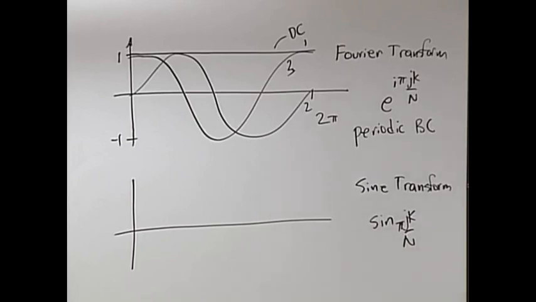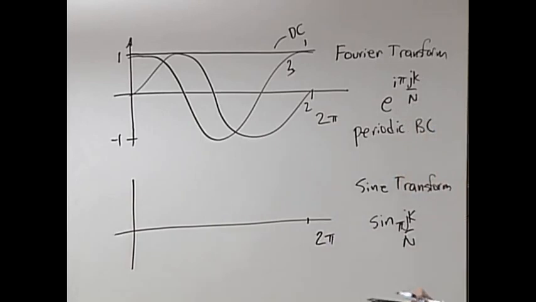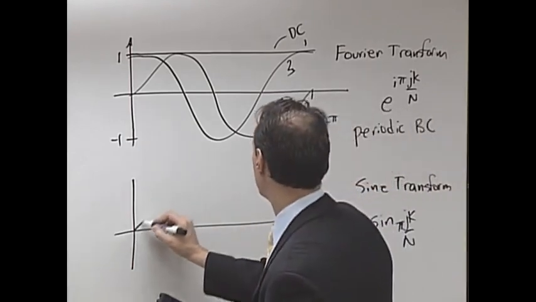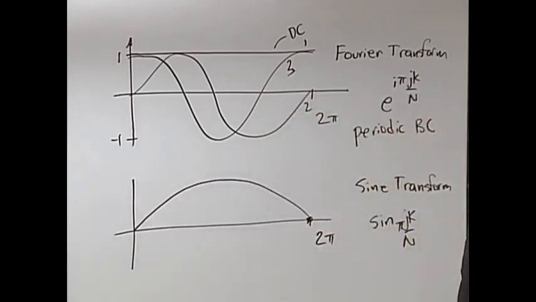And when you work with that kernel, you're going to work on a 2 pi periodic domain. And now your functions are going to look a little different. If you're using a sine transform, you never get a DC component. One thing to know. What you're going to work with now are functions that go like this. It's a sine of half the angle here.